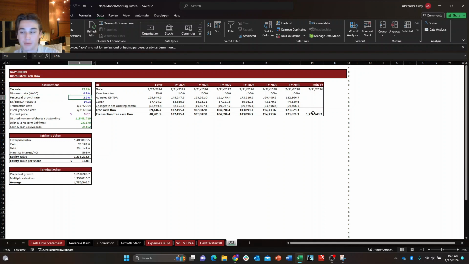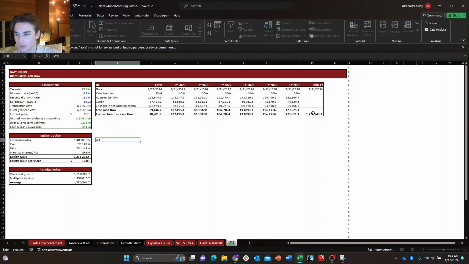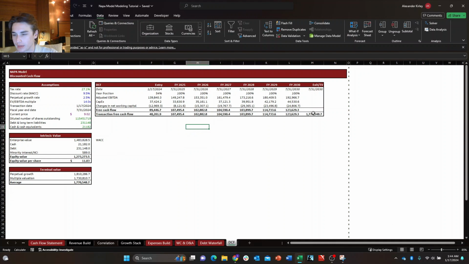Or 10.5%, and our multiple is instead 12x instead of 14x. So it gives us a better sense of probable outcomes of the future based off of market pricing. So what I want to do is create a table, and I'll walk us through this here. So weighted average cost of capital here, and then EV/EBITDA. Excellent.